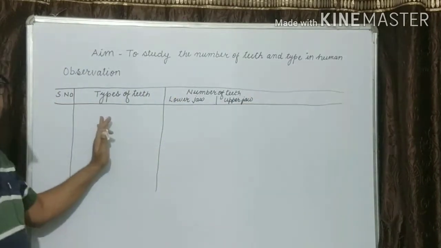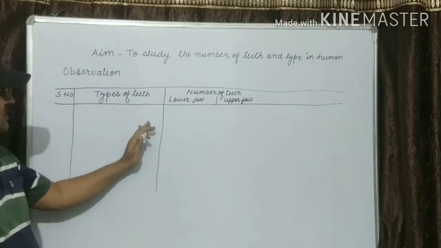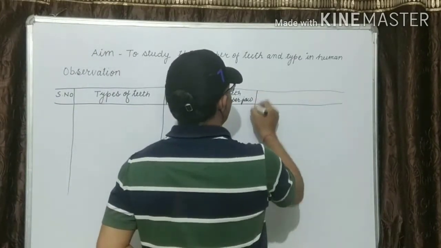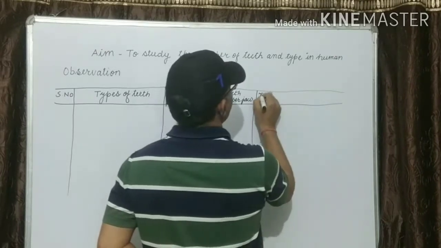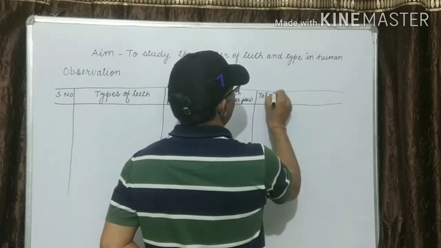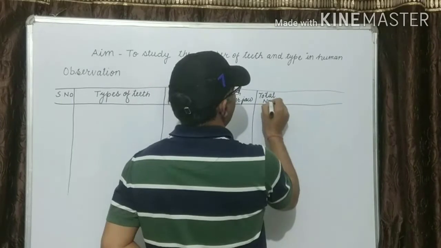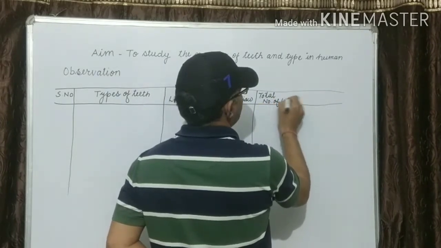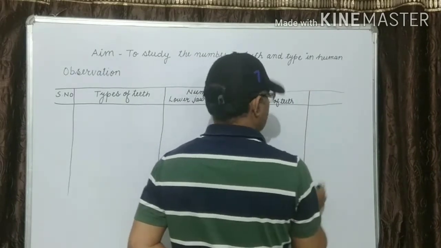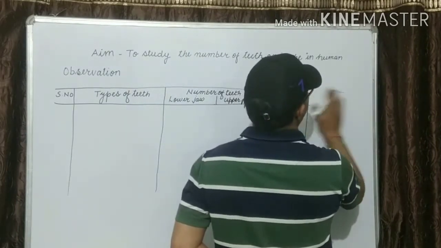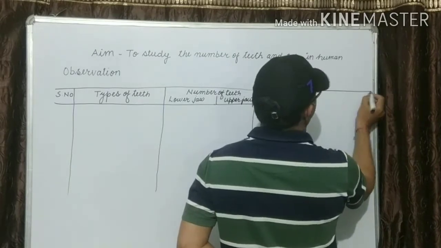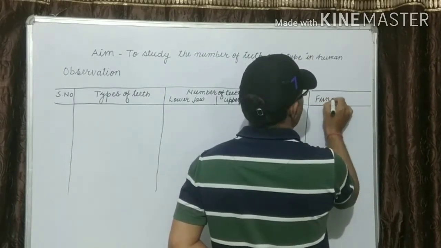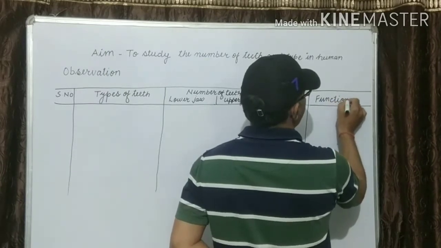Okay, serial number, types of teeth, number of teeth and total number of teeth also. And next is what are the functions of that teeth. Function.